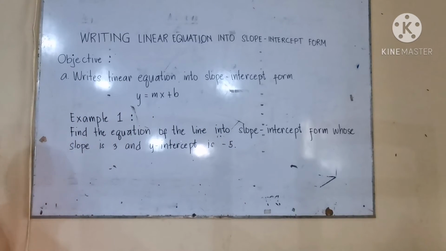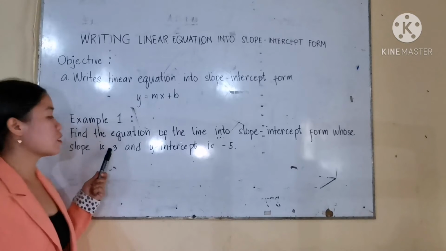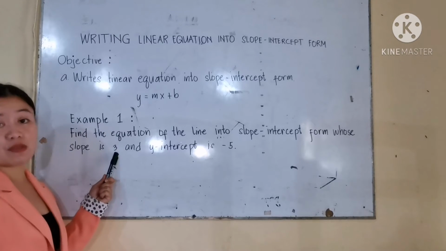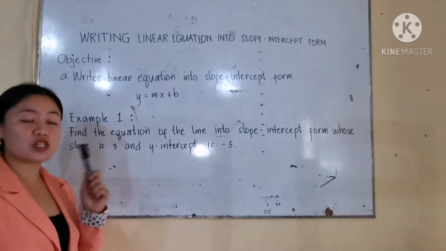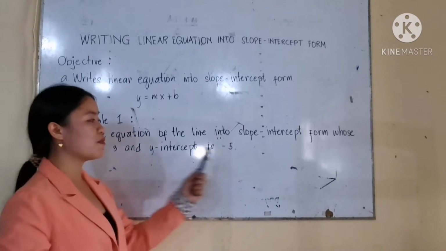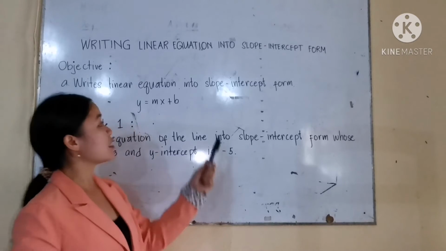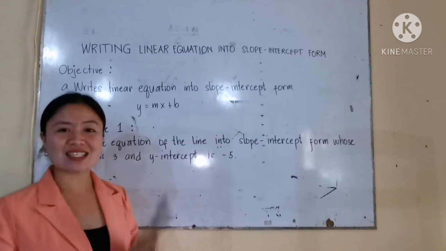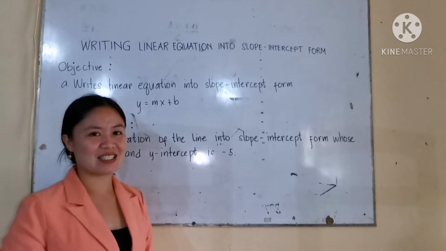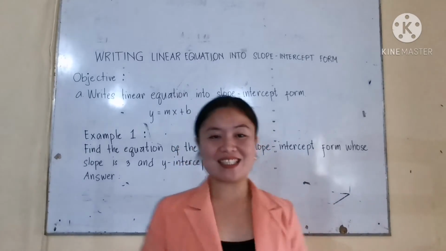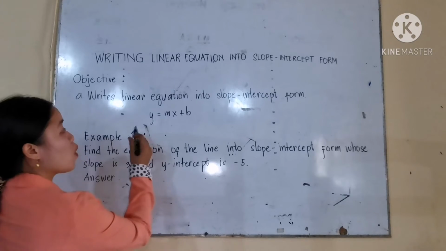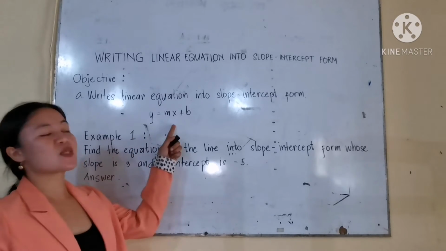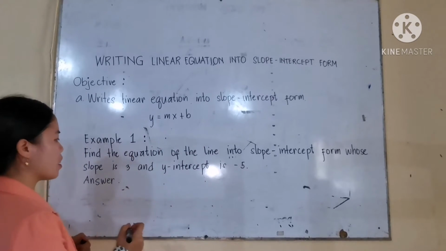You're going to substitute the slope, which is 3 in here, and substitute the y-intercept, which is -5 in here. And that's how easy it is. It goes like this.